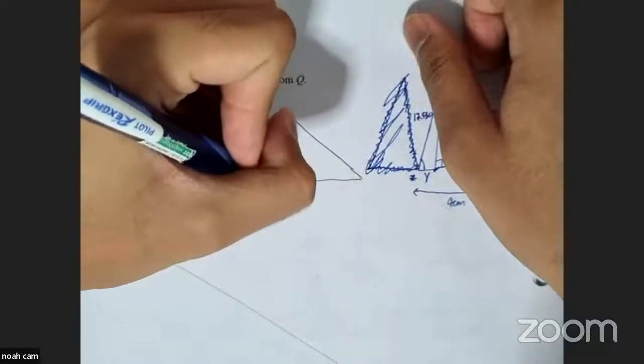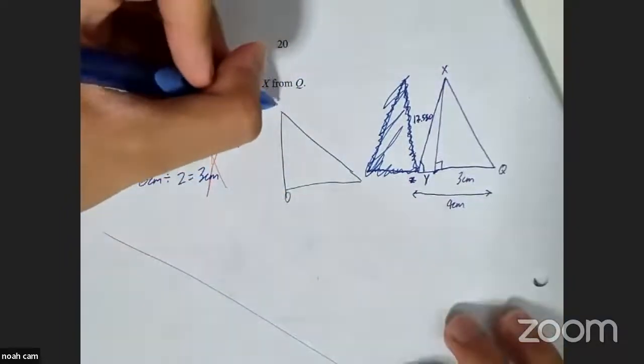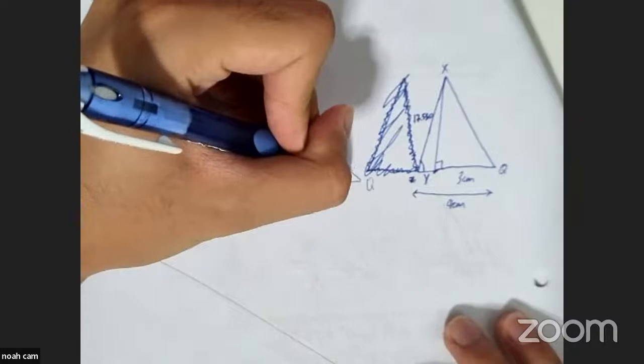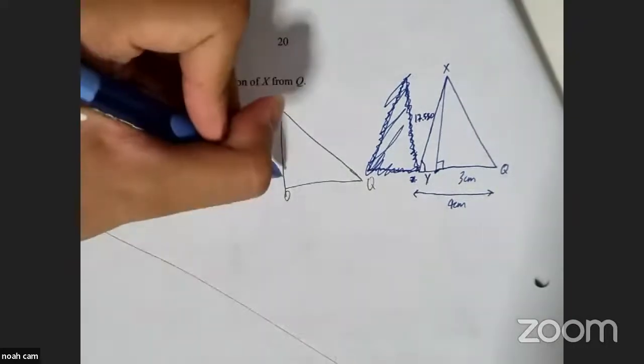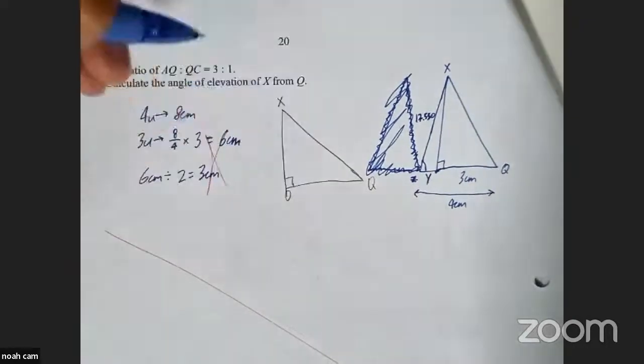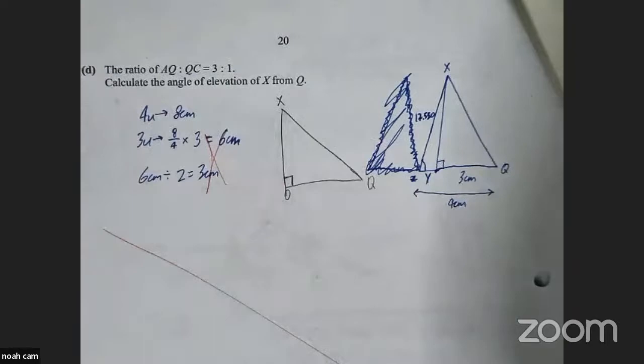Now, why are we concerned with O? It's because X is right above it, and therefore we have 90 degrees. Now, I think if you use that, you'll be fine. I think that, but I don't know. Would you try? Well, okay, fair enough.